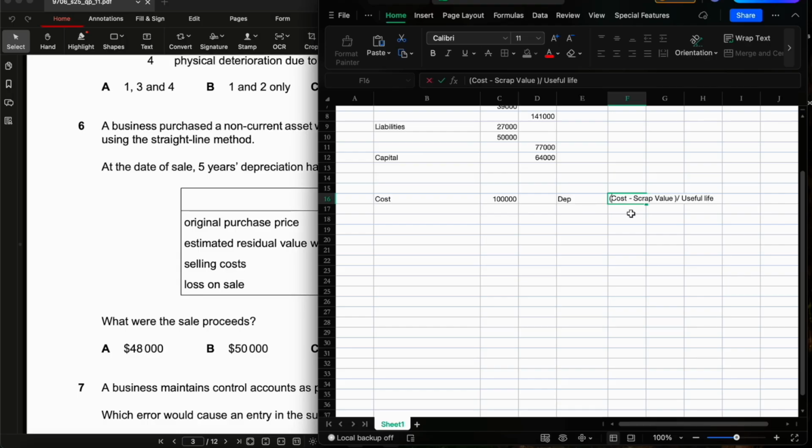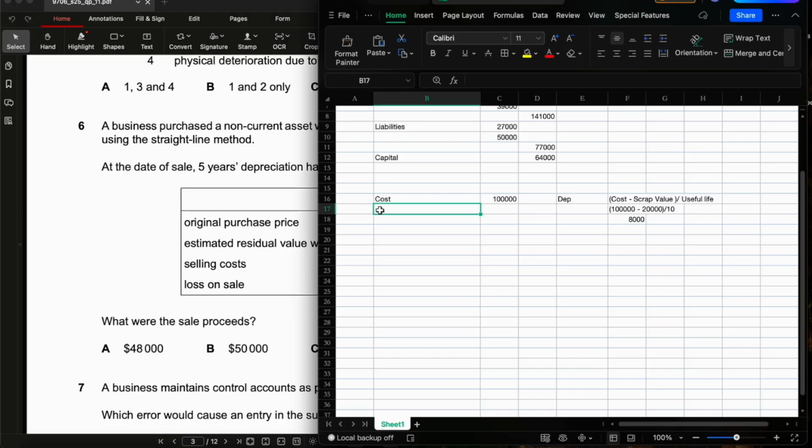In this question, the cost is 100,000 and the scrap value is 20,000. So 100,000 minus 20,000 is 80,000, divided by a useful life of 10. So the depreciation is 8,000 per year.